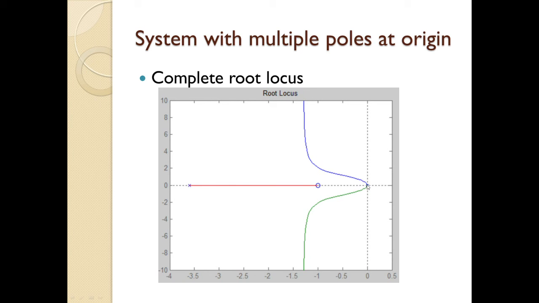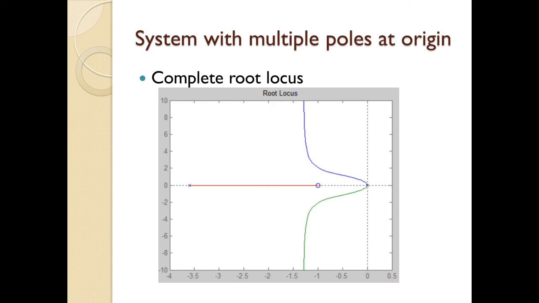Whereas these two poles will create the locus of this blue and green line, and after originating from the pole location, the breakaway point is 0. From 0 these two go to infinite locations by following the asymptotes.